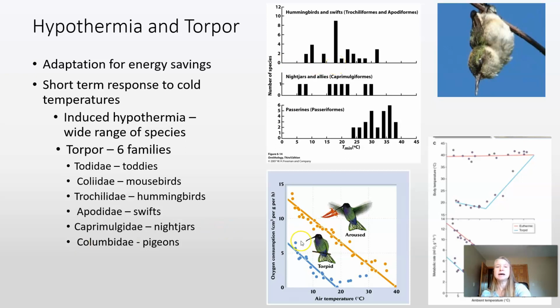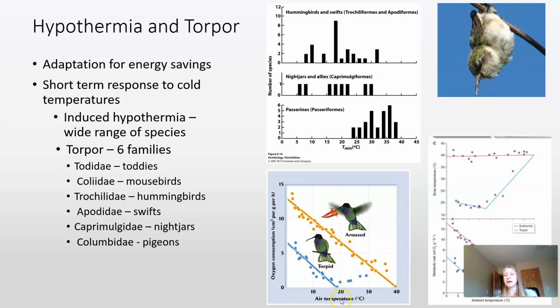So basically, down here with a hummingbird, we have air temperature and we have oxygen consumption on the y-axis. So if a hummingbird is aroused, is active, you can see the oxygen consumption actually increases with lower temperatures compared to higher temperatures.